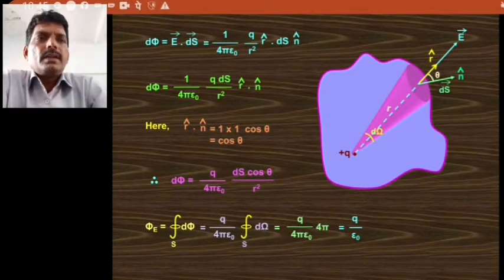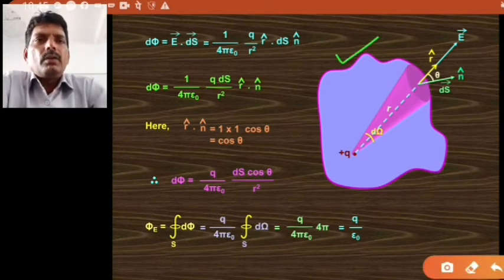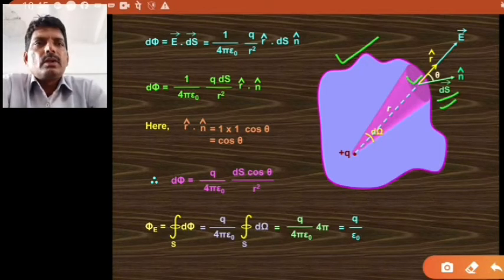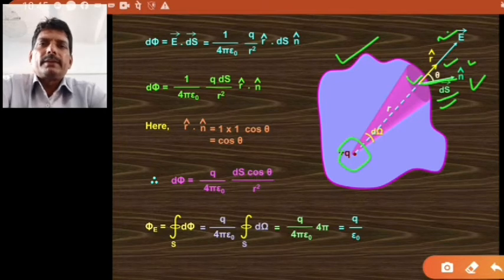This surface is an irregular one, and now you have considered here a small element ds. So the area vector ds has its n cap perpendicular to this surface. Now the charge here is enclosed by the surface, whose electric field is in some direction. So the electric field and the unit vector n cap or area vector make an angle theta here.